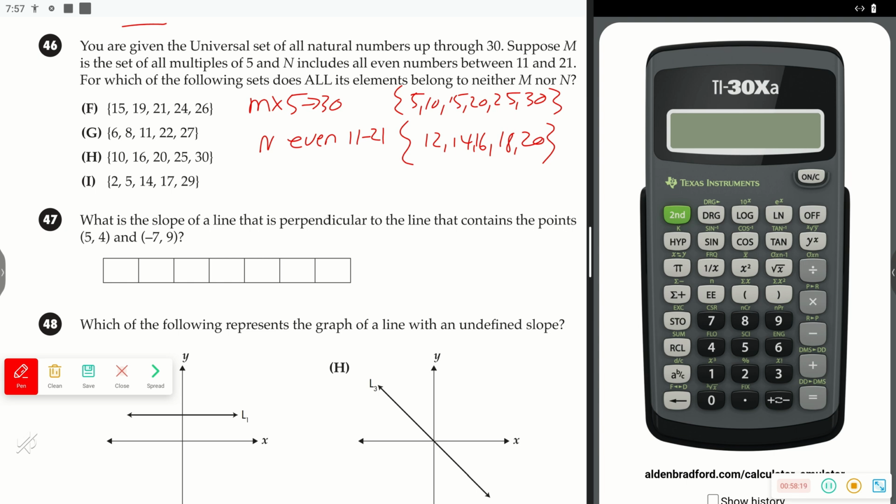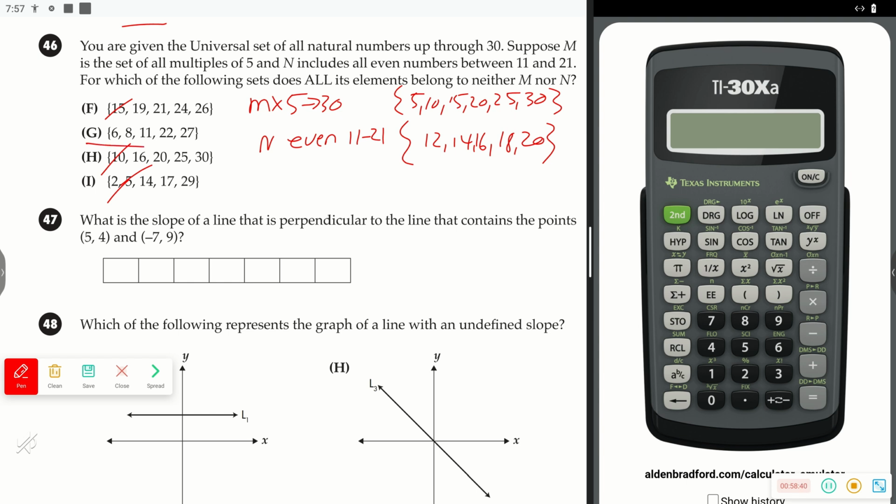And then it says all of the elements belong to neither one. So if we look at this one, 15's included. If we look at this one, 10's included. If we look at this one, 5 is included, so that's out.